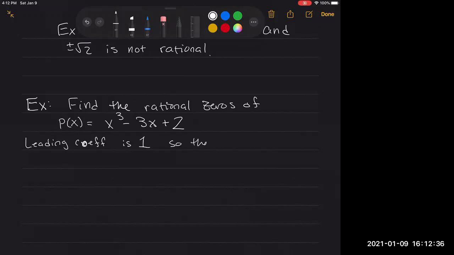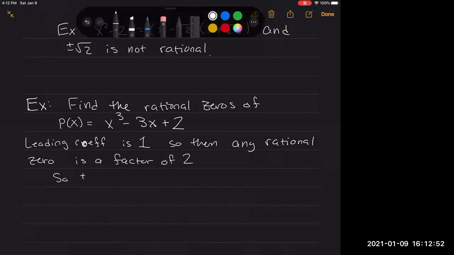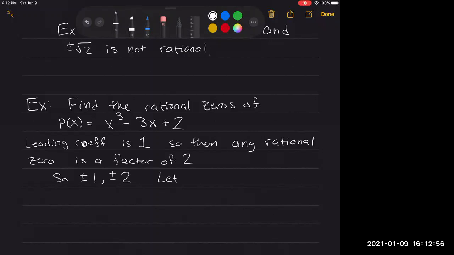So then any rational zero is a factor of 2. So this means that plus and minus 1 and plus and minus 2 are our factors. So let's test them. And remember that you need the positive and negative factors of a number.